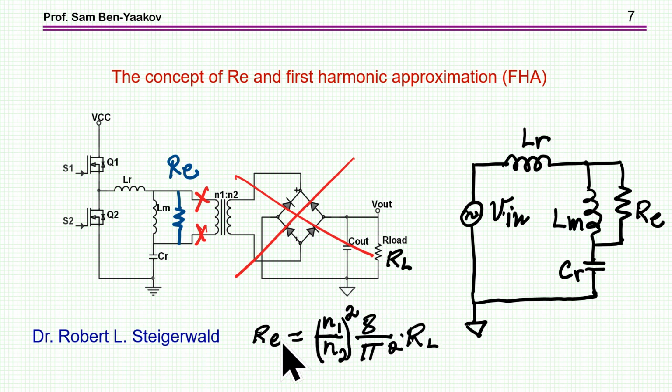And this is the relationship of R sub E and the actual R sub L. And what we have here is a constant and also this turns ratio of the transformer. So I'm going to use this to represent the actual LLC converter. And of course, from R sub E, you can go back and find what is R sub L, or the other way around. If you know R sub L, then you know what is the R sub E that you need.